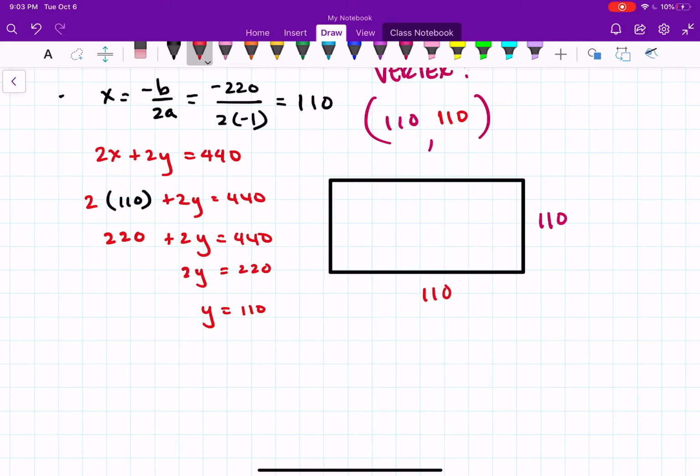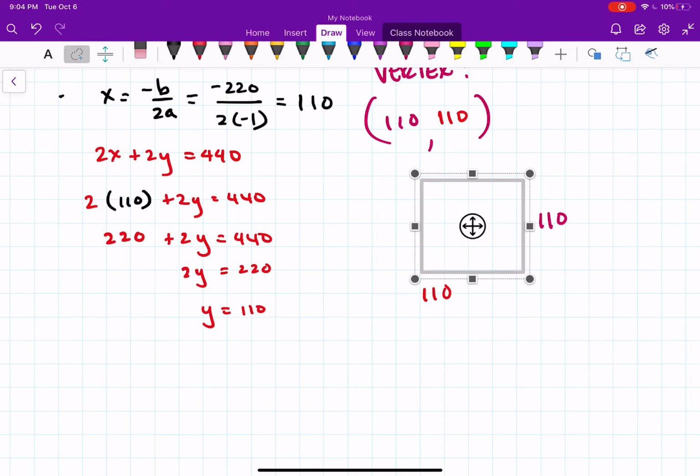And so it's not even a rectangle, it's actually gonna be a square.